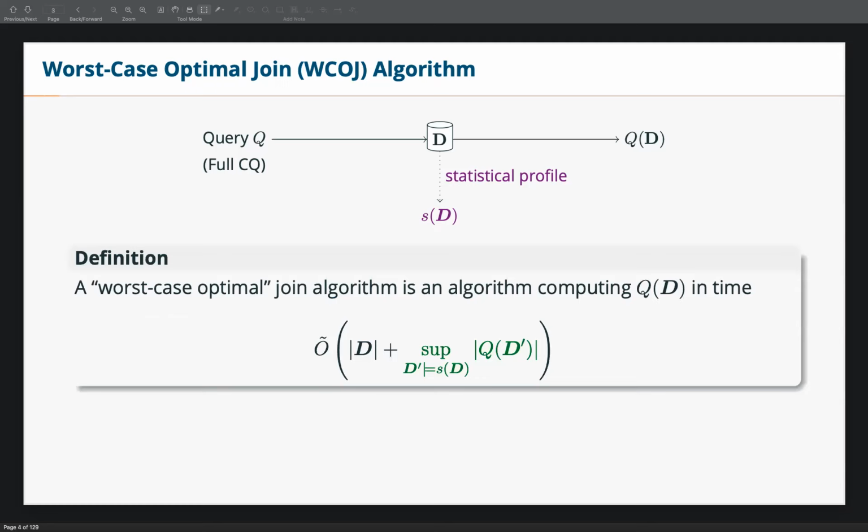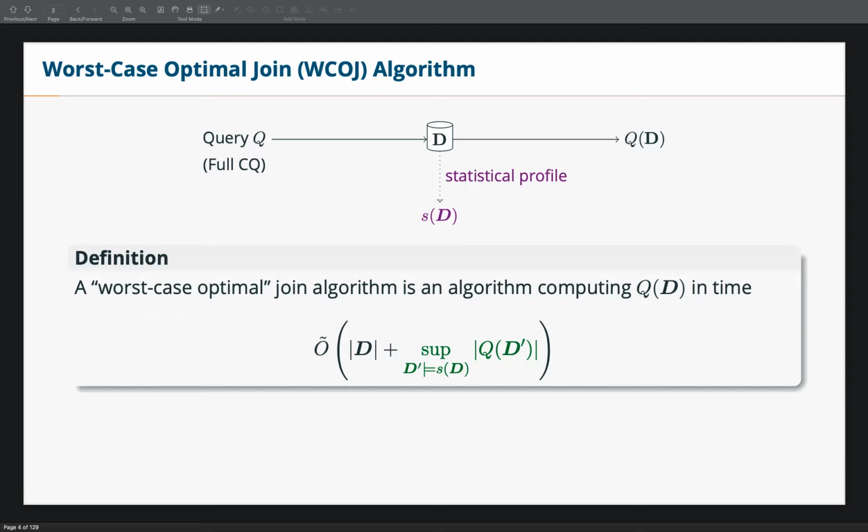And a worst case optimal join algorithm is an algorithm that answers this query in the following amount of time. It will take some time to process the data. So it has to be at least linear in the input, or at least we allow for linear processing time in the input. And then the time it takes to answer the query is going to be a maximum. This is the maximum answer size over all databases that have exactly the same profile, because we actually haven't looked exactly into the database.